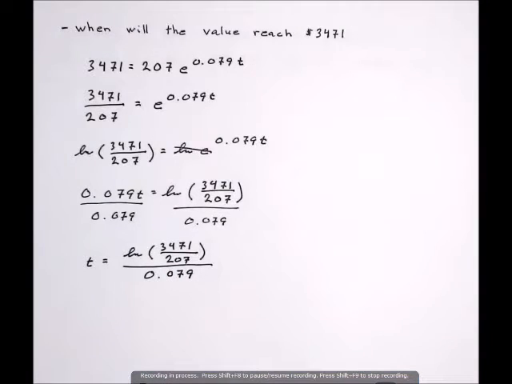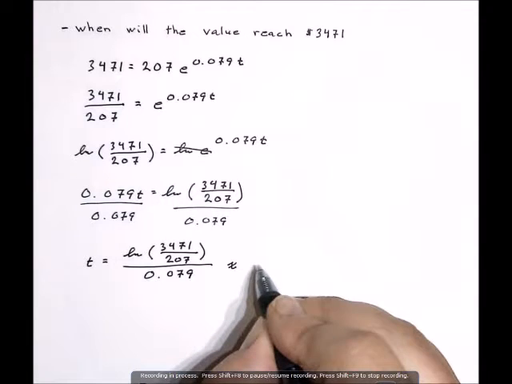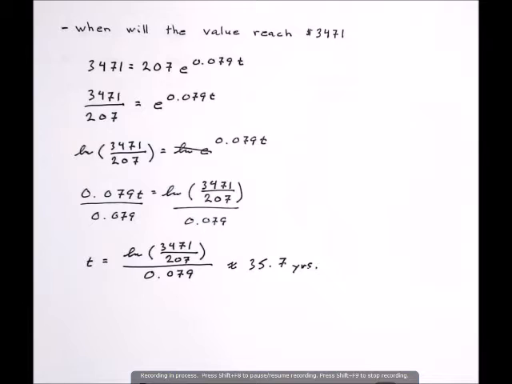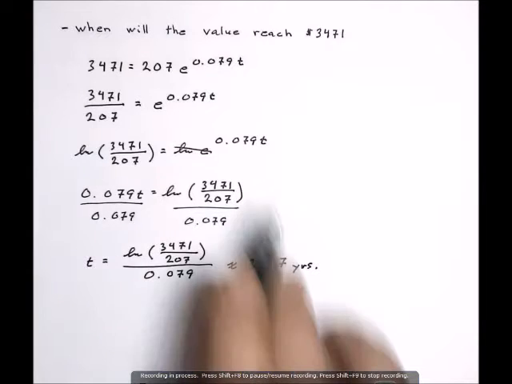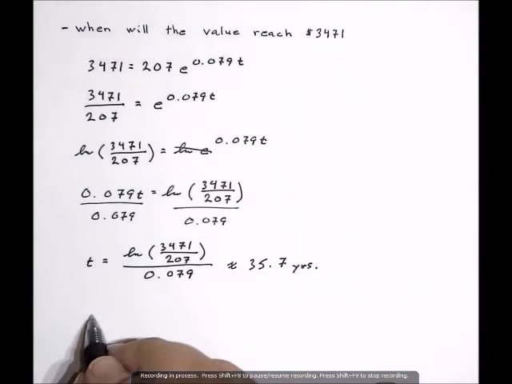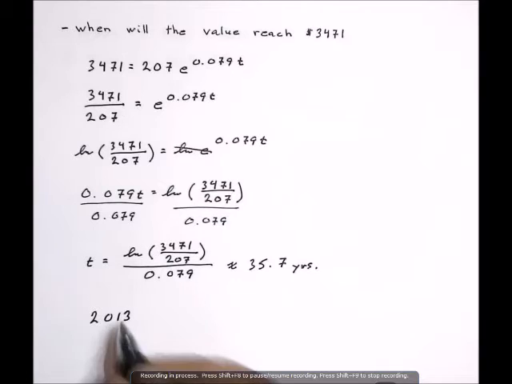Plug that into my calculator and get about 35.7 years. Unfortunately, this is how long it will take to reach $3,471, and I want when. So I have to add that 35.7 years to 1978 to come up with the year when it will reach that amount.